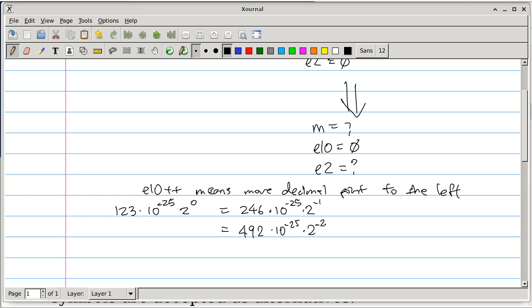Okay. So we want to continue until m is less than or equal to 2 to the power of 64 minus 1. We want the maximum m that is less than or equal to 2 to the power of 64 minus 1.